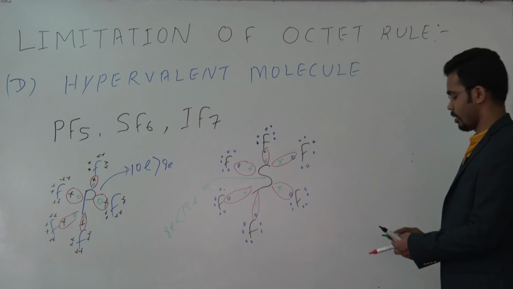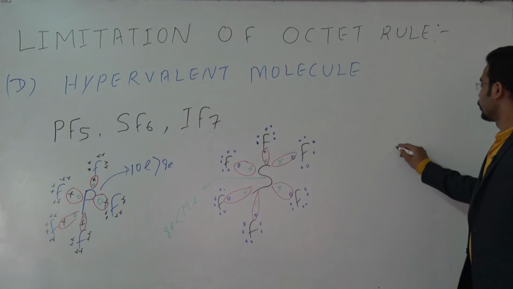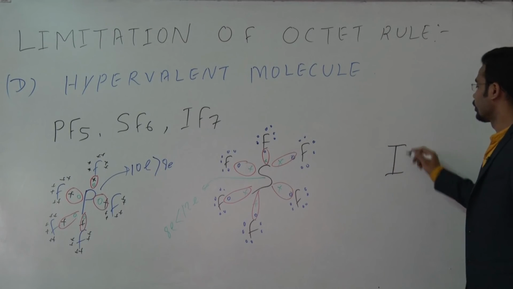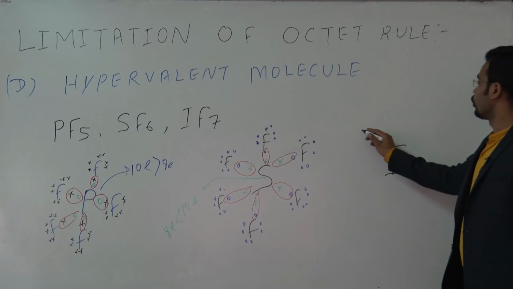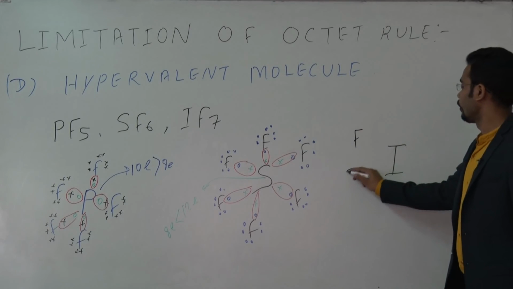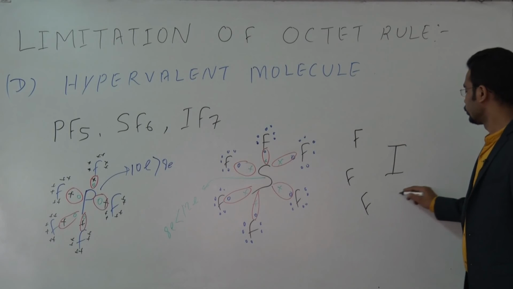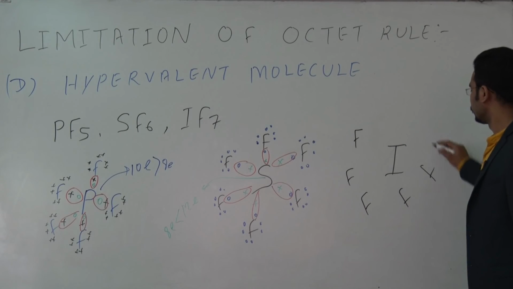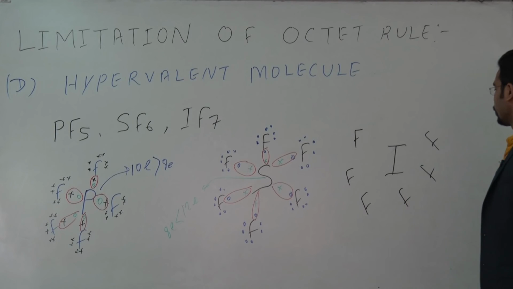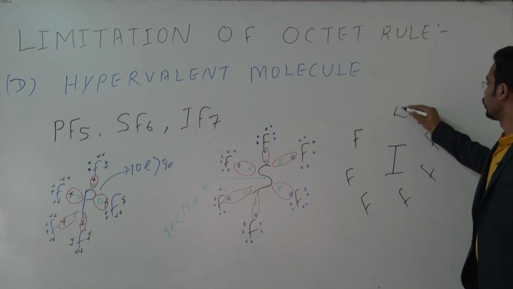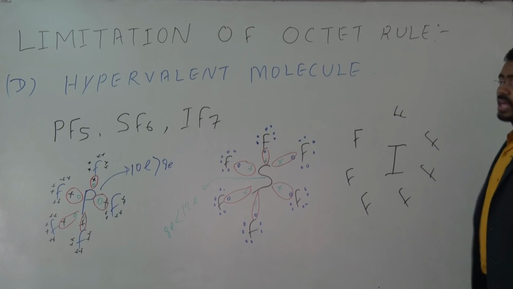Now IF7. How do you write the structure of IF7? Iodine, fluorine, how many? 7. Done?